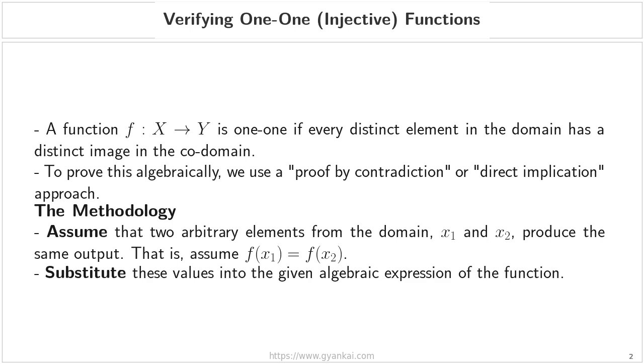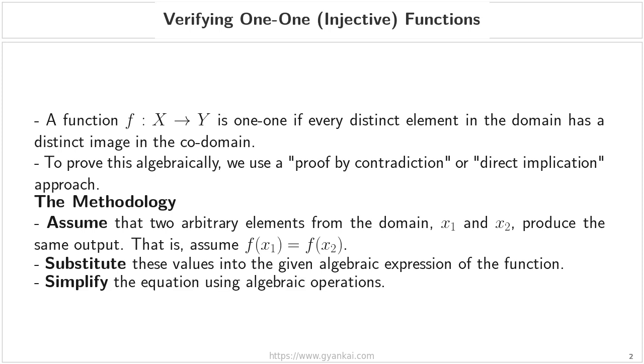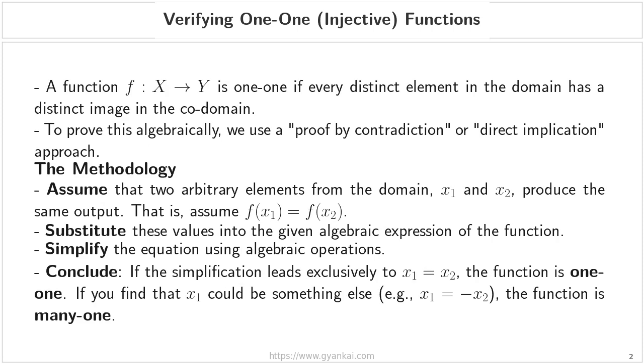Next, we substitute these values into the specific algebraic expression or rule provided for the function. Once the substitution is done, we use standard algebraic operations to simplify the equation as much as possible. Finally, we reach our conclusion based on the result of that simplification.